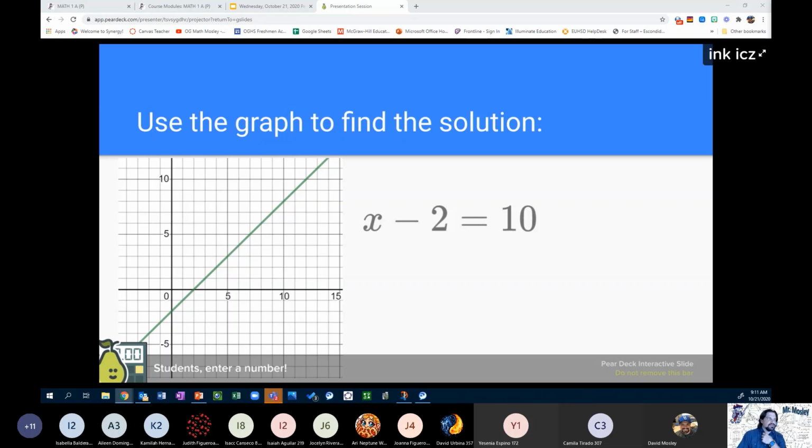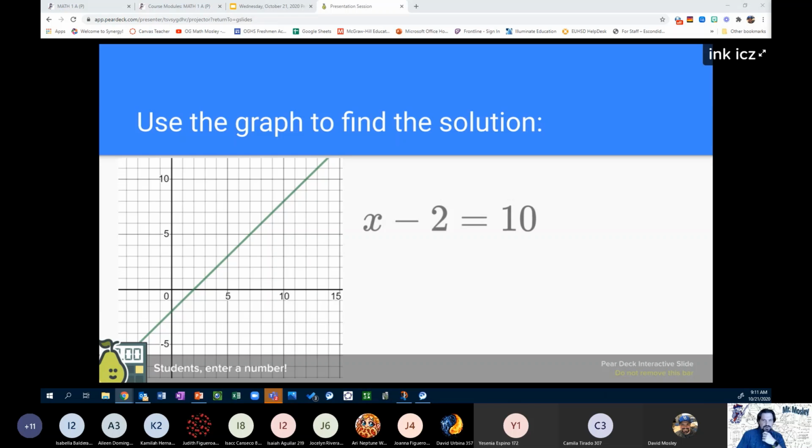So the correct value of x for this equation is 12. So we replace x with 12, we get 12 minus 2. 12 minus 2 is, in fact, equal to 10. So we're looking for 12.